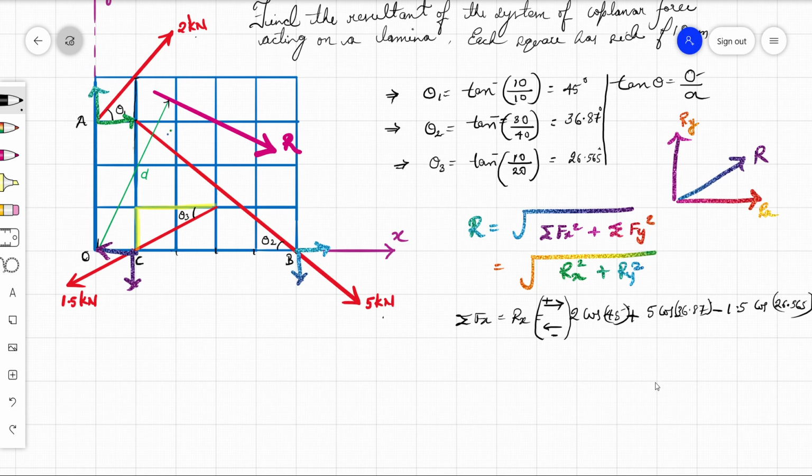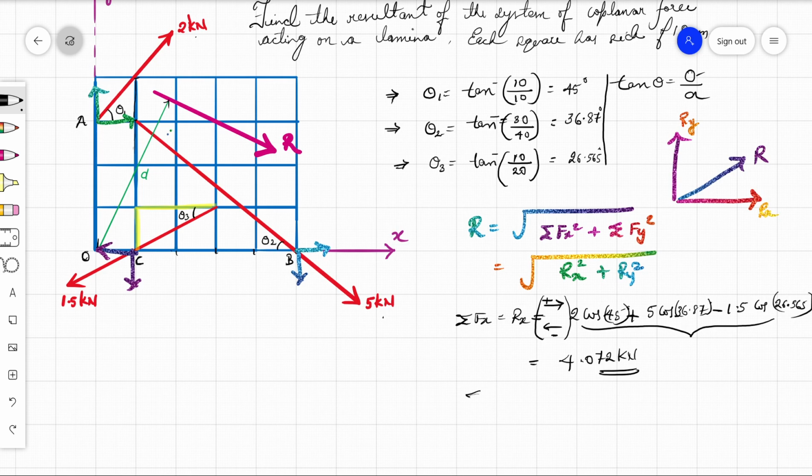If you do all the addition, I want everyone to do this in a single step in the calculator, and you should get an answer, and that answer is 4.72 kilonewton.